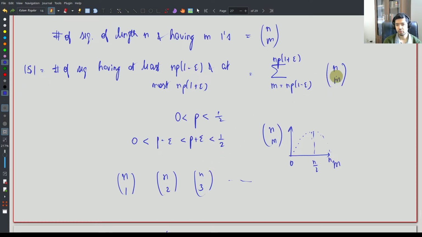Among all of these terms, each term is less than or equal to the largest term. And which will be the largest term? The one corresponding to m equal to np(1 + epsilon). Correct? Is this okay?